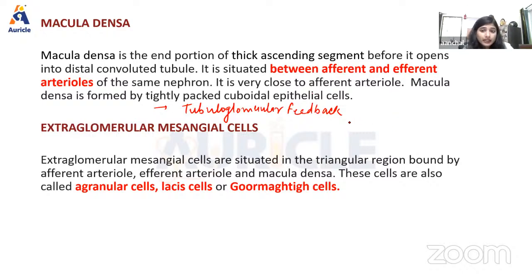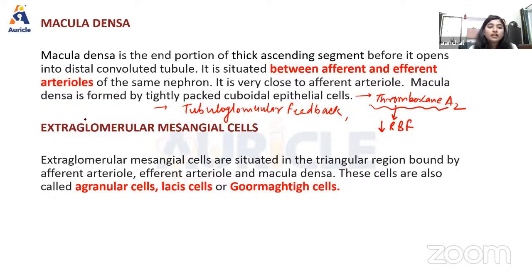It also secretes a very important hormone, thromboxane A2. This thromboxane A2 causes renal vasoconstriction, and this hormone is responsible for decreasing renal blood flow also. So this is all about the macula densa.